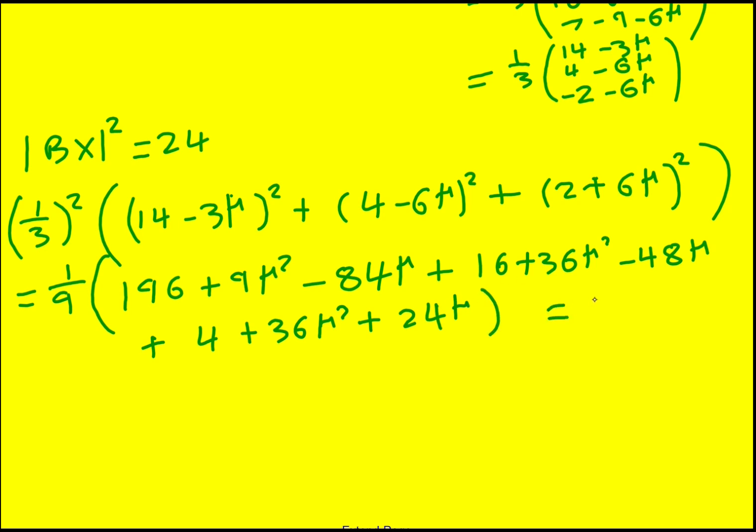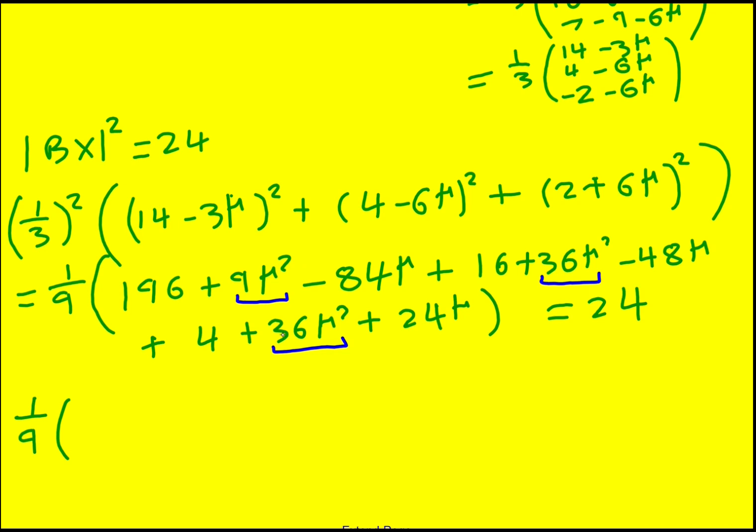And remember that is equal to 24. So let me times through by 9. 180 plus 36 gives 216, so 216. Is it a good idea actually to do that? I think I'm going to leave it like it is for the moment, as 1 over 9. Okay, so I'm going to add up all my mu squareds.